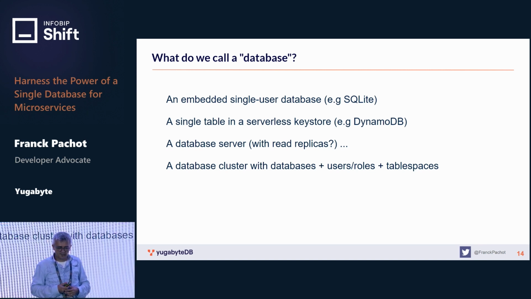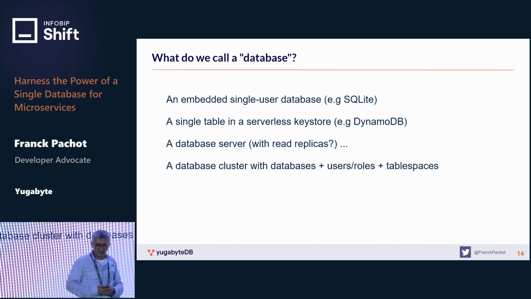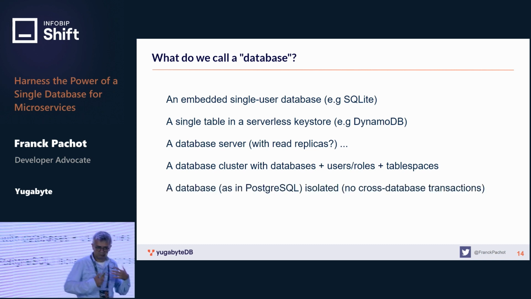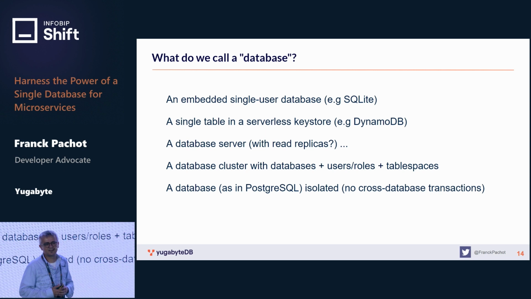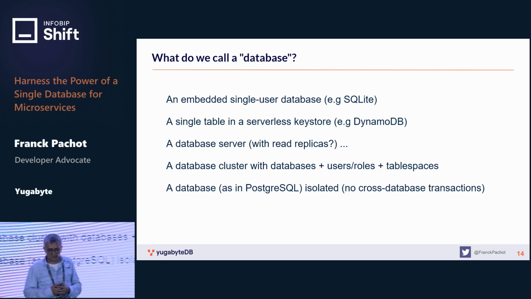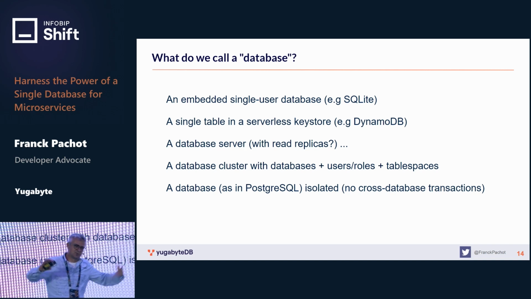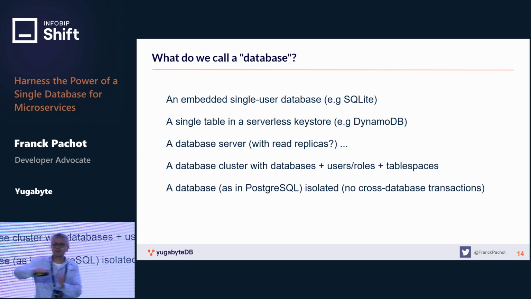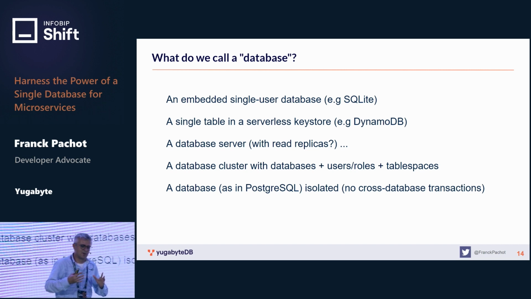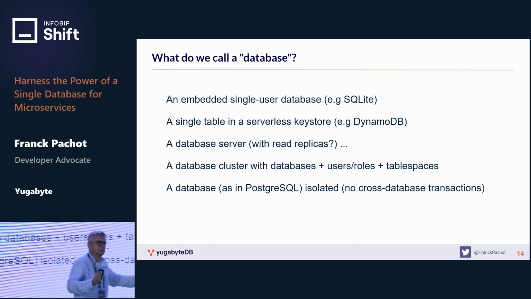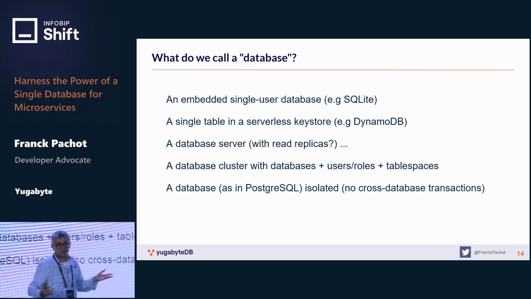And yes, a database cluster with many users. So what do we call a database? That's very different. And each level has some feature that helps to consolidate some things and isolate others. Then you need to think about what you want to isolate between your services and which feature you can use or not.